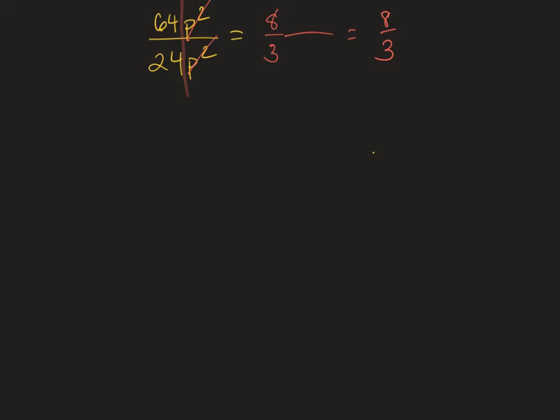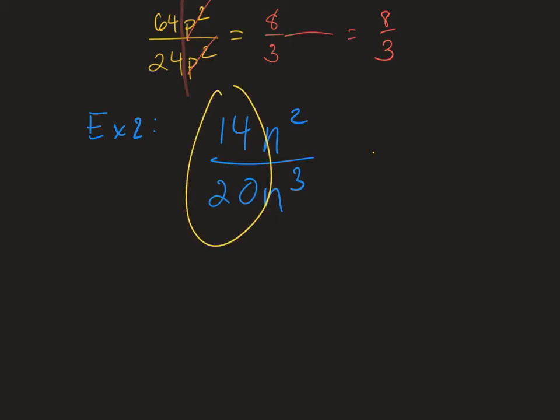Let's try another one. Example 2: 14n squared over 20n to the third. So if you look at this problem again, I'm going to look at these two numbers in the front.